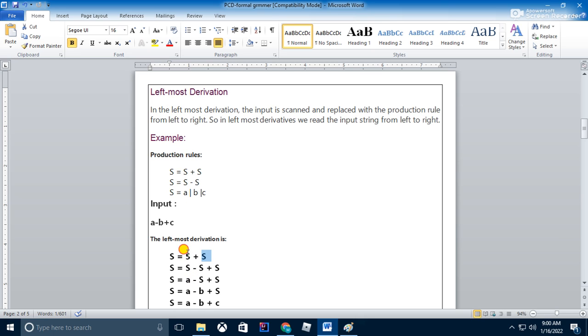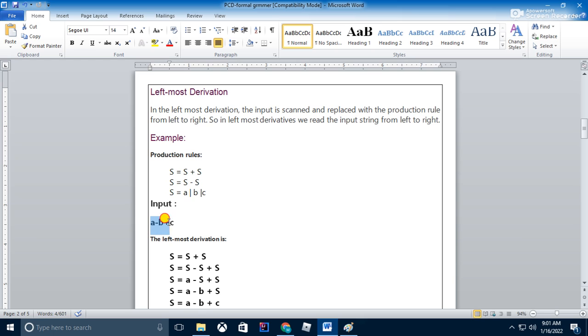So we can replace this with S equal to S minus S, and then we can replace them with the help of symbols a, b and c. So now we have replaced S using the second production rule, S minus S plus S. After this, in the third derivation, we can replace S either by a, b or c.